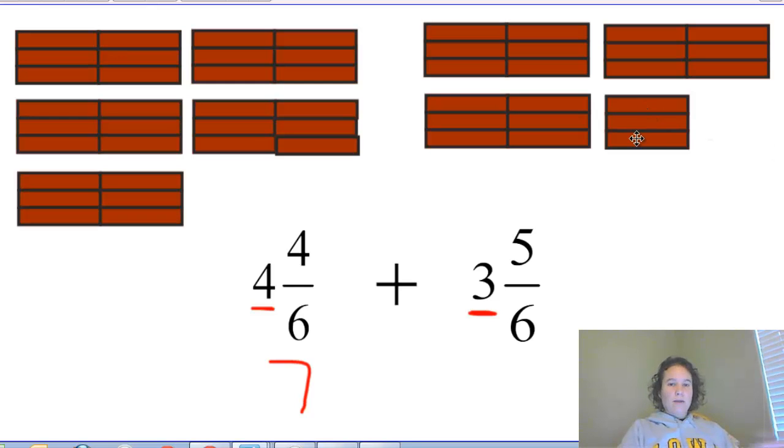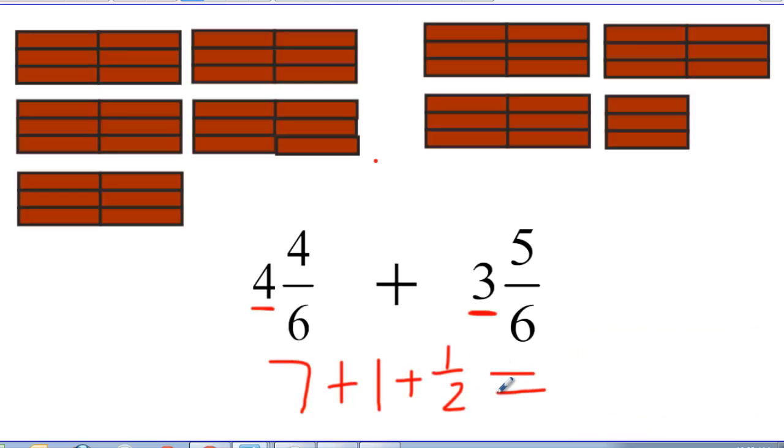So if I do this by rearranging, I can see that I would have 7 plus the 1 more whole that I made by moving the pieces, plus 1/2 of a candy bar. And so that would give me 8 and 1/2 candy bars if I put them all together.